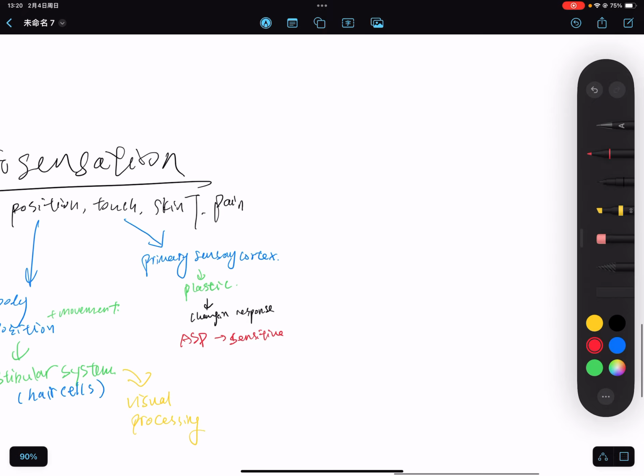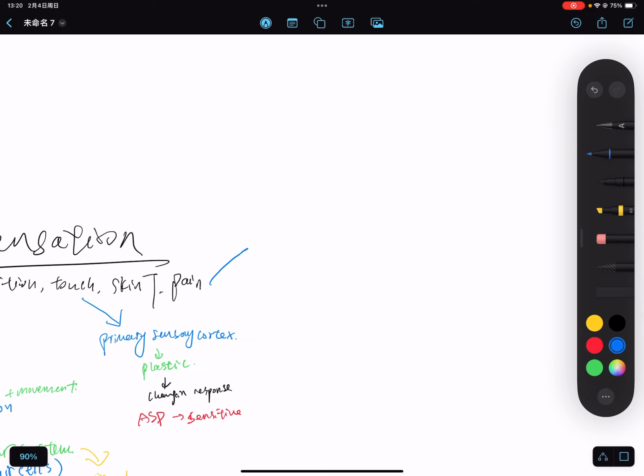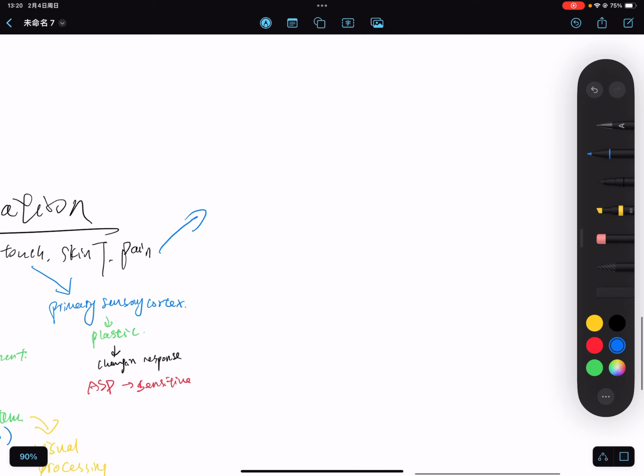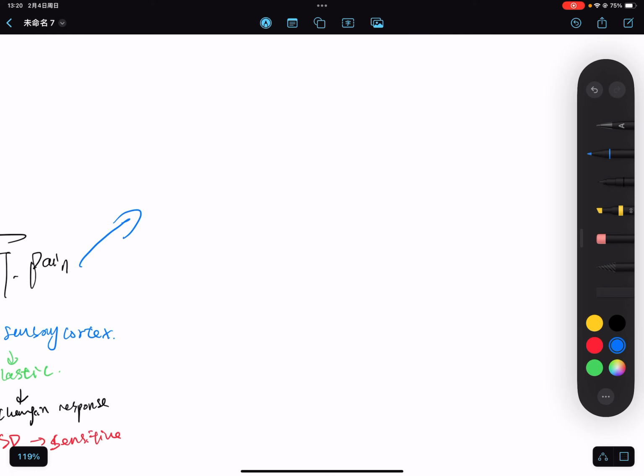Okay, so what about pain? Some pain receptors respond to mechanical damage, such as that caused by sharp objects, while others respond to temperature or chemicals.